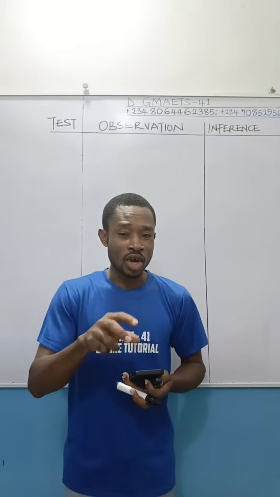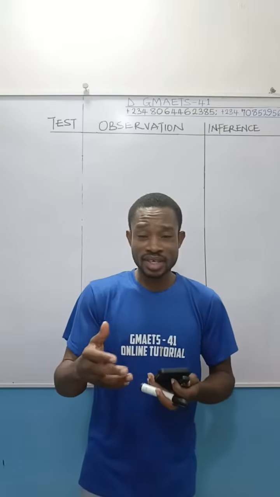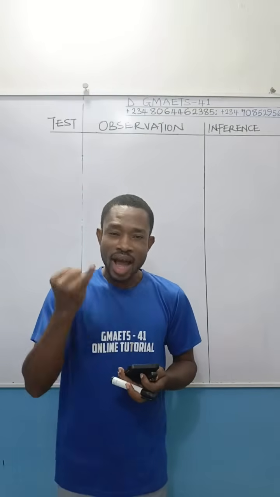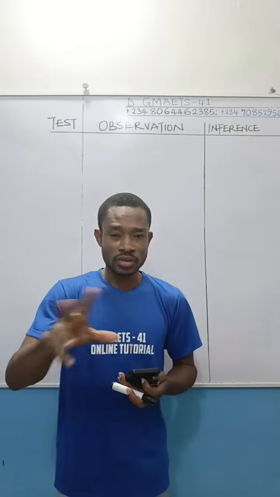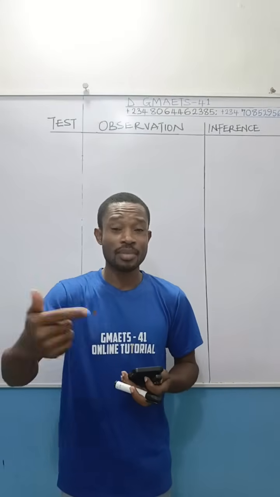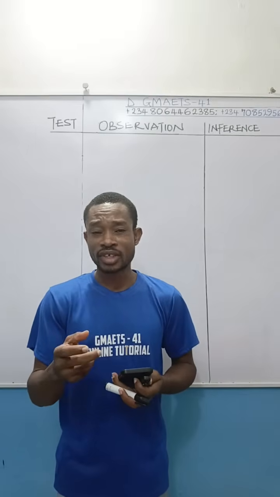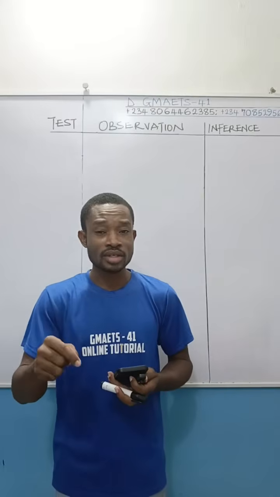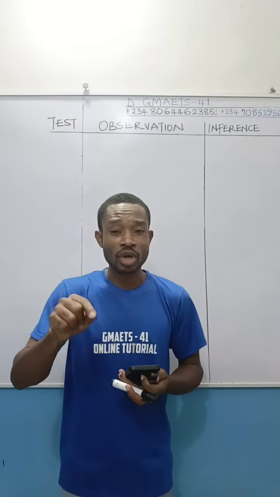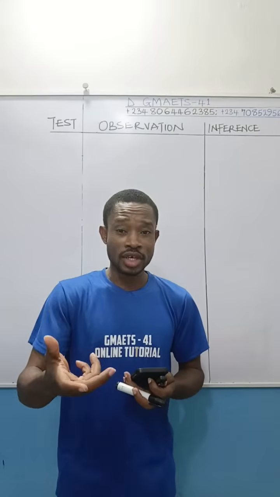Then for anions, negative ions, reagents we use for them basically includes hydrochloric acid, which is used for testing CO3 2-, that's trioxocarbonate 4 ions. Then we have this one that is used for testing chloride ion, which is silver nitrate or lead-2 trioxonitrate 5, okay, together with ammonia.